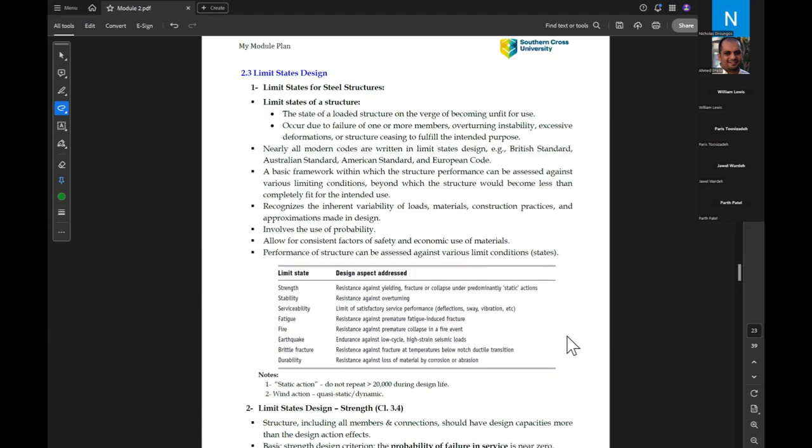So now let's go to the limit state designs in AS 4100. Limit state design for steel structures concerns the state of a loaded structure on the verge of becoming unfit for use.